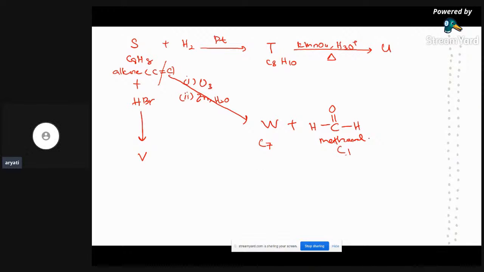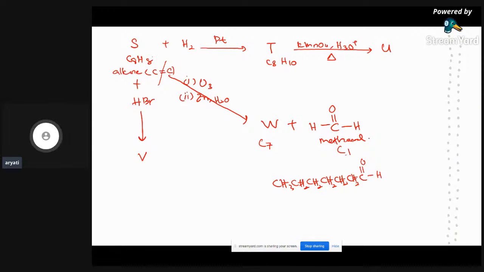Okay, so kalau kita buat C7, dia mesti menghasilkan sama ada aldehyde ataupun keton. So kalau katakan dia menghasilkan aldehyde, okay, so inilah 3, 4, 5, 6, 7, 8, 9, 10, 11, 12, 13, 14.